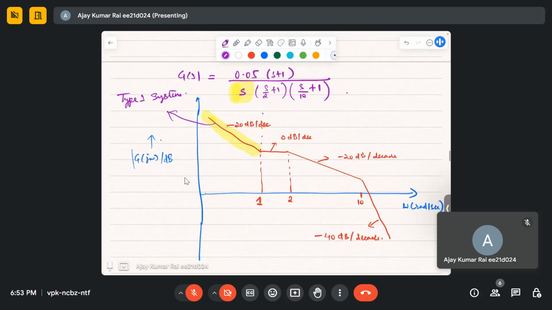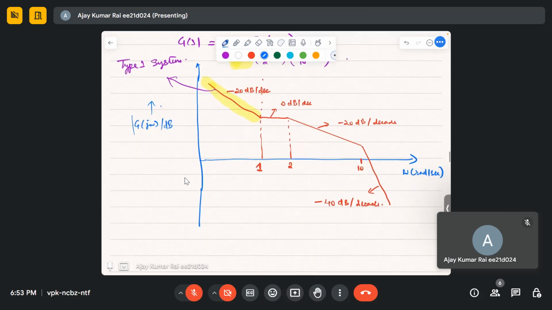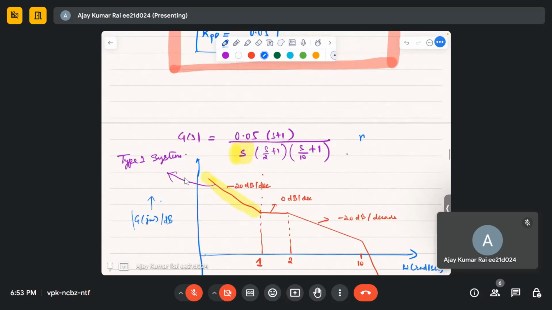Also, if you try to find out the slope of the high frequency asymptote, the formula is what? Minus 20 (n minus m) dB per decade, right? This is the formula. So now if you see here, n is 3, so the number of poles is 3 and the number of zeros is 1.